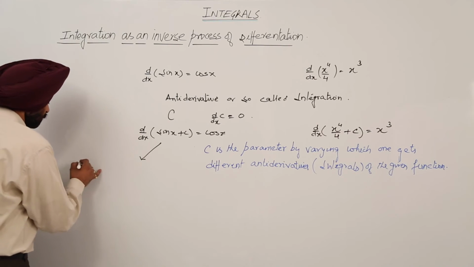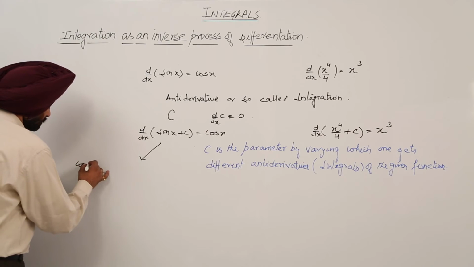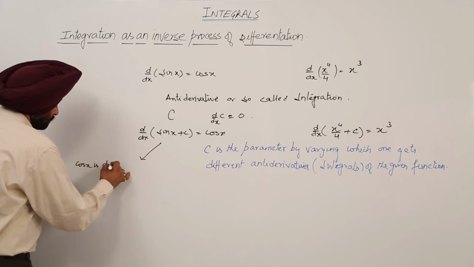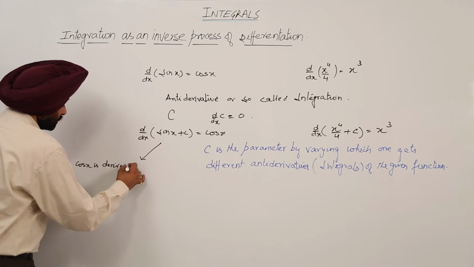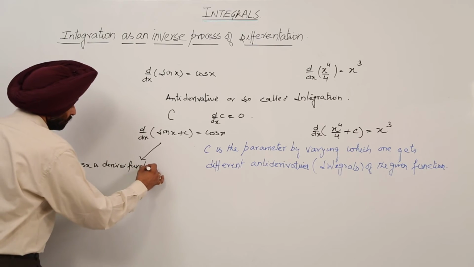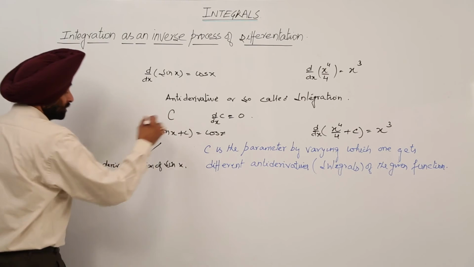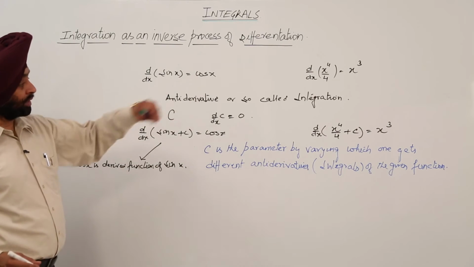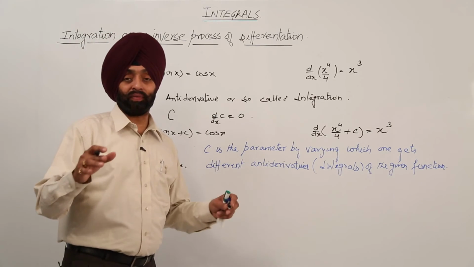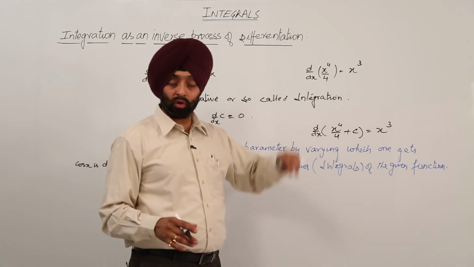Now cos x is the derived function of sin x. Similarly, x cube is the derived function of x raised to power 4 upon 4.